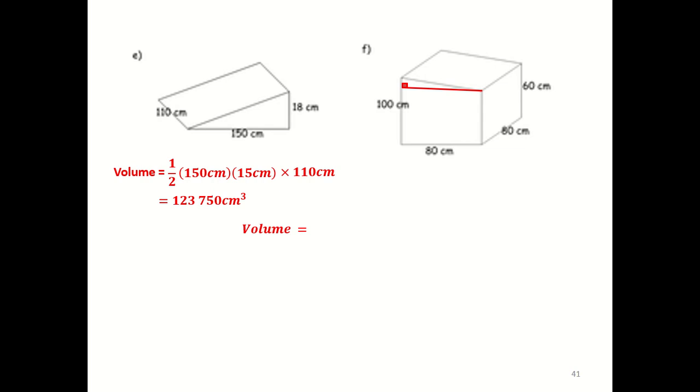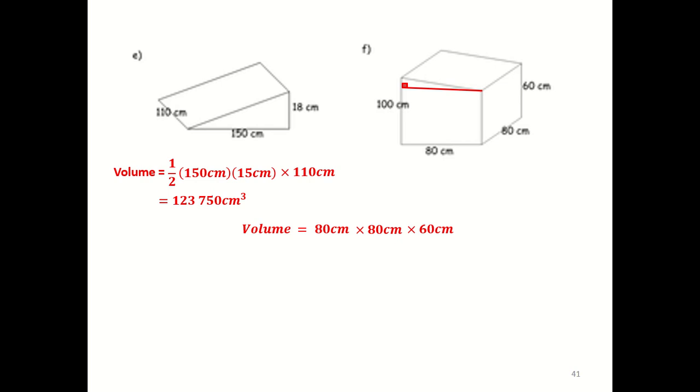I'm going to be calculating the volume of the rectangular prism, and that will be 80 times 80, and you multiply it by the perpendicular height, which is 60 centimeters, and that will be added with the volume of the triangular prism, which is the top part.